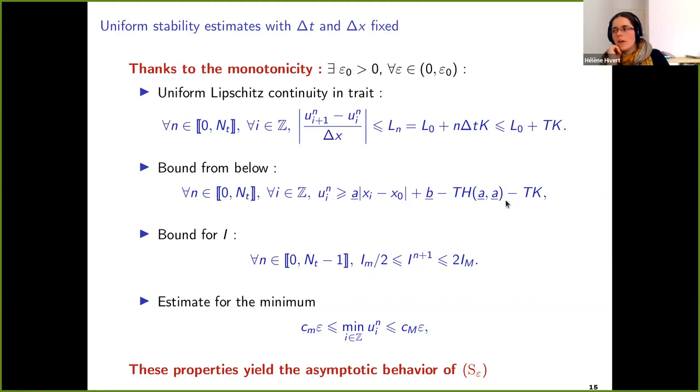Because of R, the bound changed a bit, but the important thing is that it is over a triangle. You have bounds for I that are uniform with respect to epsilon, and you have the following estimate for the minimum. And it gives you, when epsilon goes to 0, that the minimum of the limit is equal to 0. So once you have this stability estimate, you have the asymptotic behavior of the scheme.